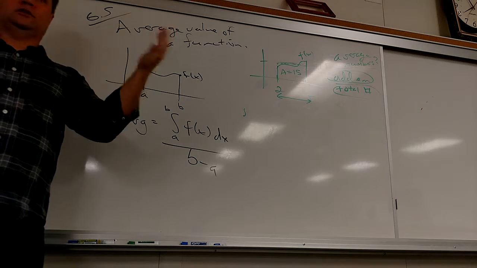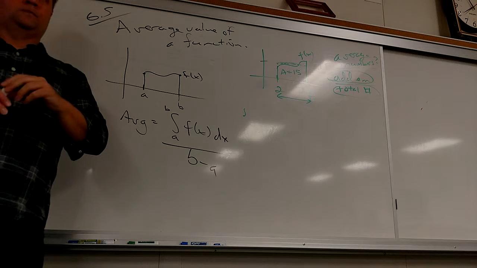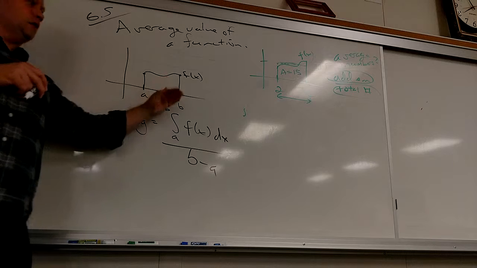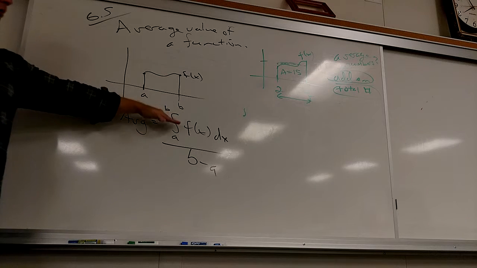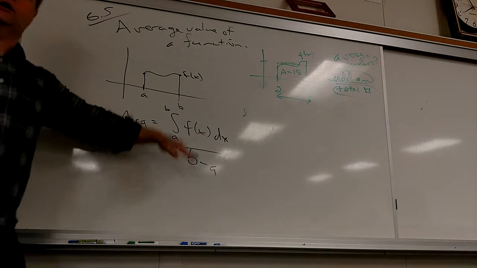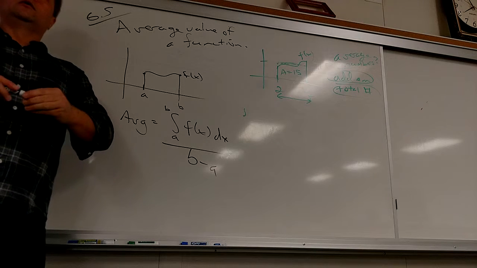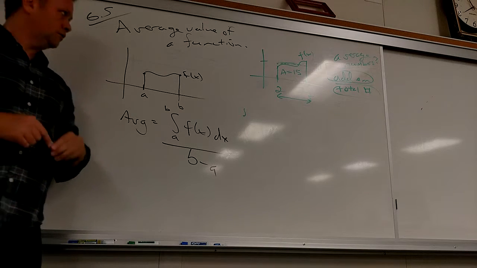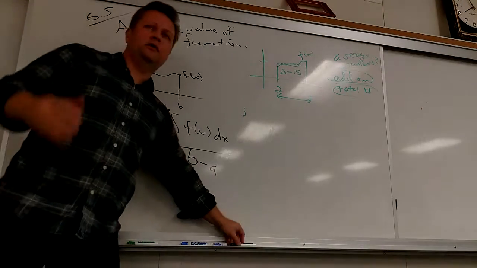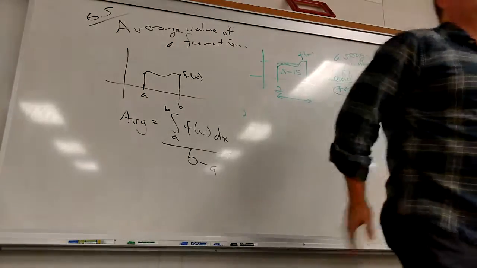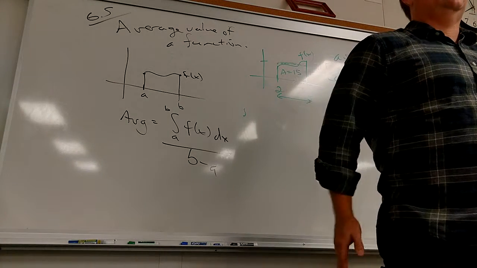That's it. So it makes visual sense, it makes definition sense. Add them all up, divided by how many there are. So 6.5 really comes down to just more integration practice, to be honest. That's all it is.